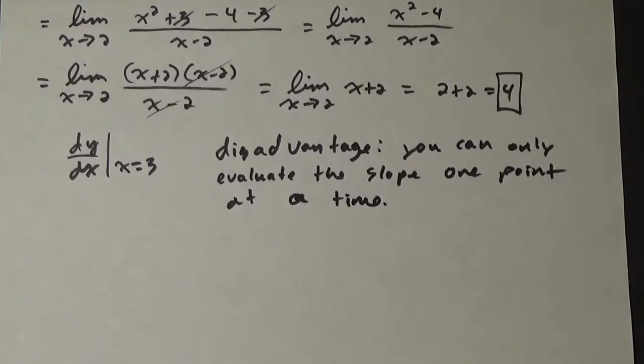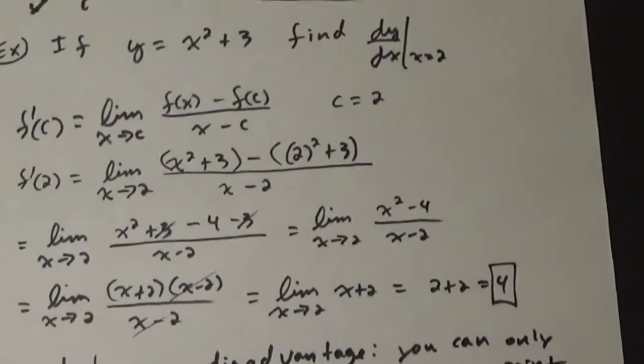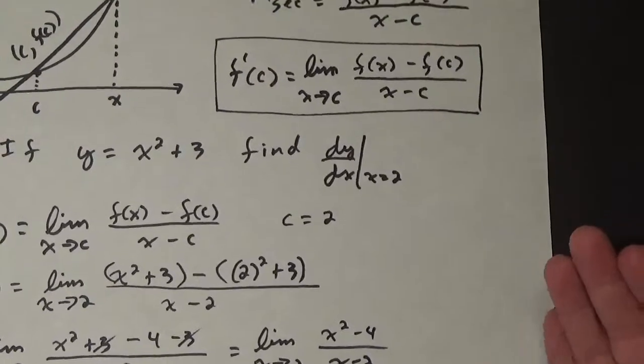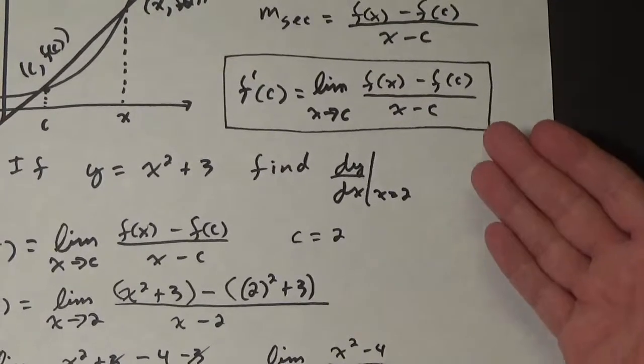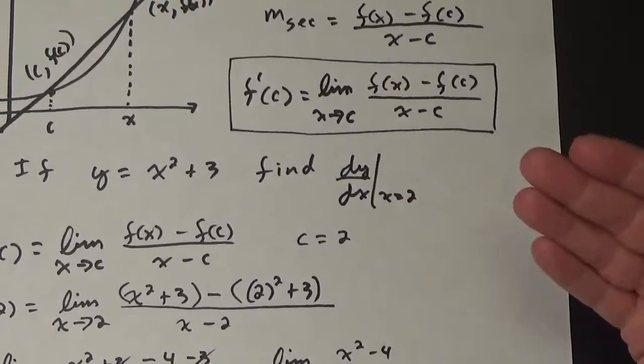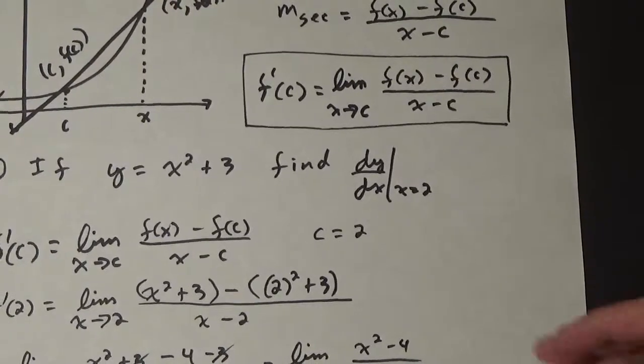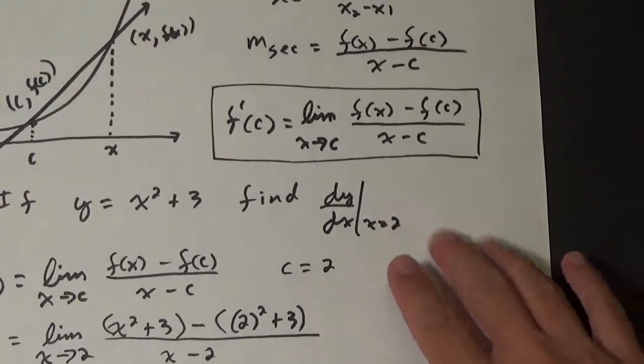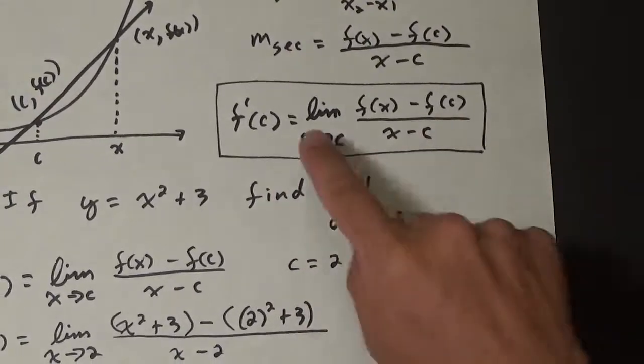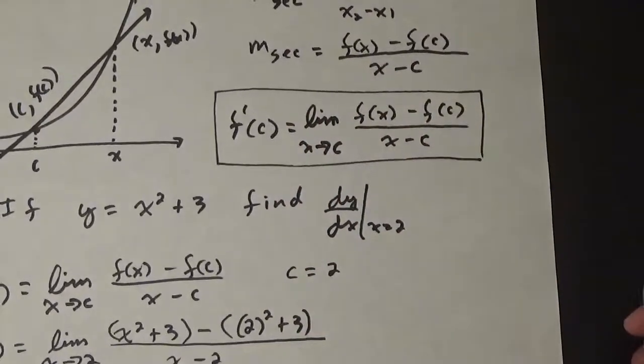So some of you might be wondering, well, what is the advantage of this? There are a couple of advantages. One is with the other form of the derivative, if there does come a point when you're trying to find the derivative of the equation and that limit becomes really challenging, then maybe if you only need 1 point, using this form might be a little bit easier.